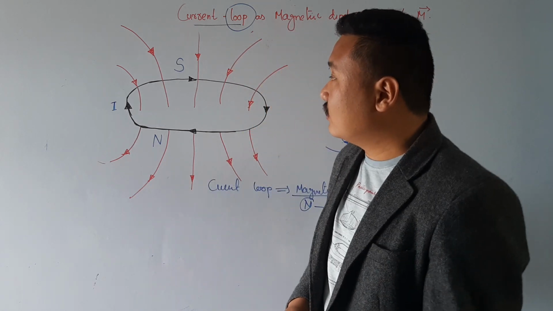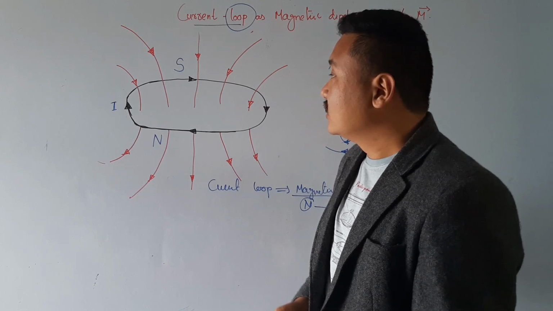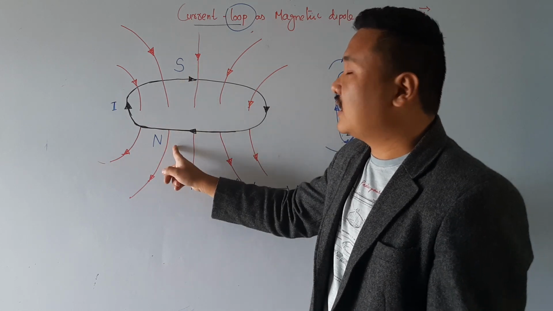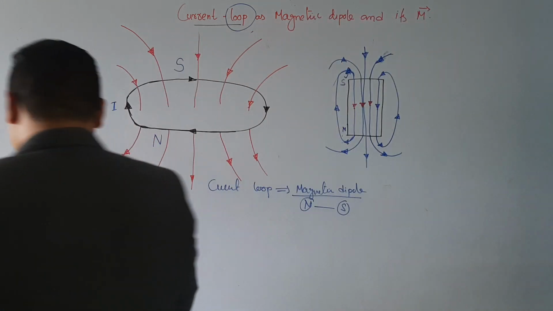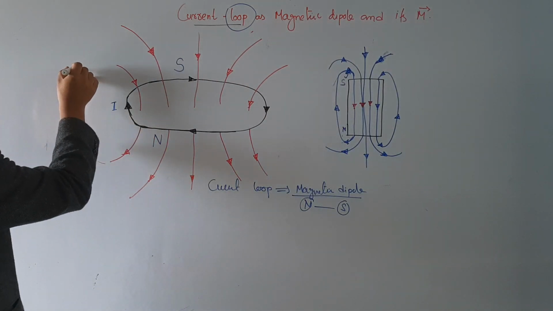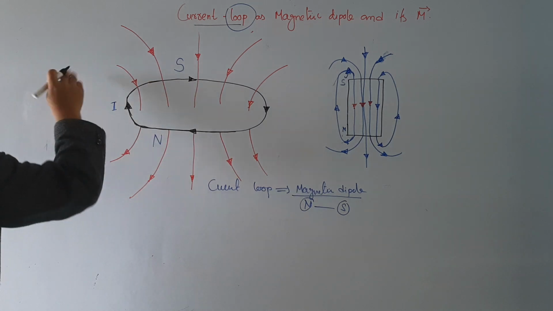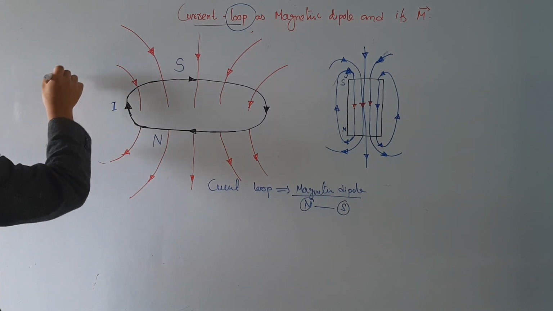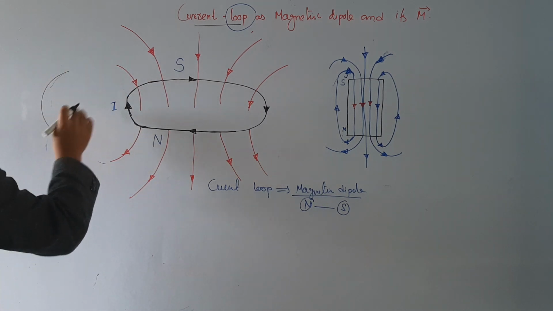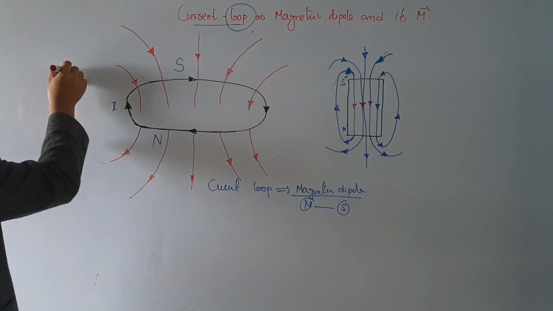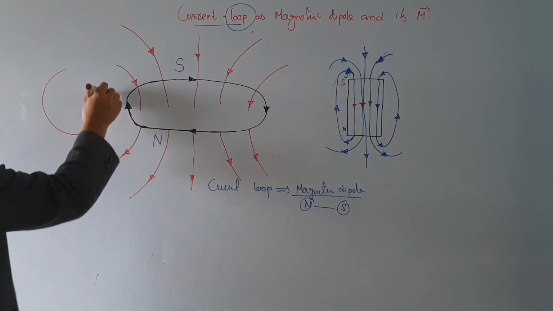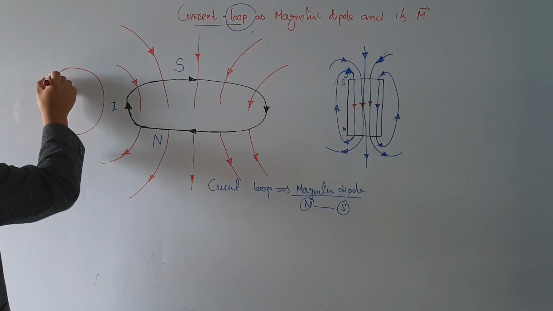Now there is one more easy way to find which part is the south pole and which part is the north pole for a current carrying loop. So for this I will consider this loop here. I will consider this loop, and let the direction of current be in this direction.